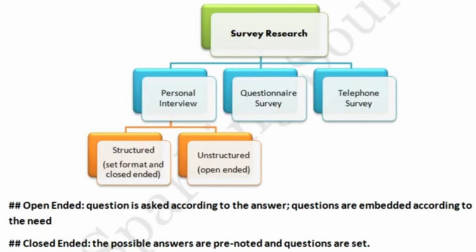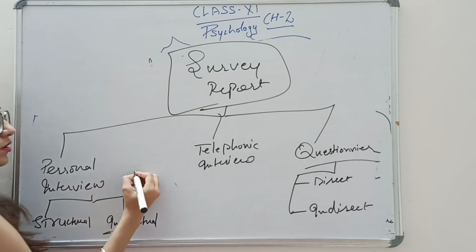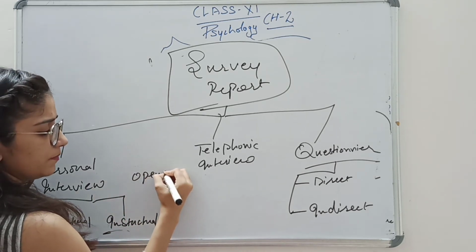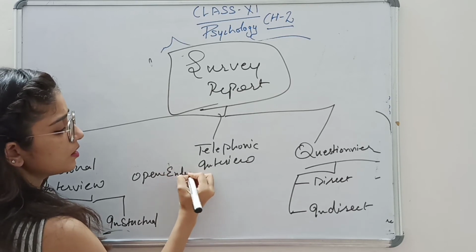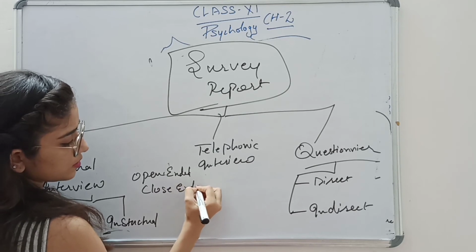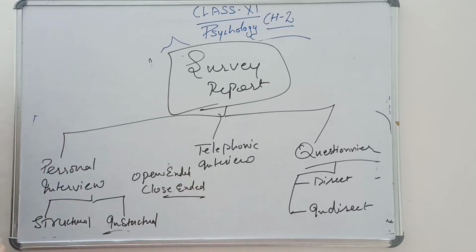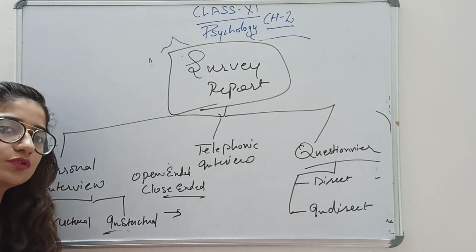So in personal interview, in the structured and unstructured form, open-ended questions and close-ended questions will be asked to you. A simple question like, what is your name? It is an open-ended question.